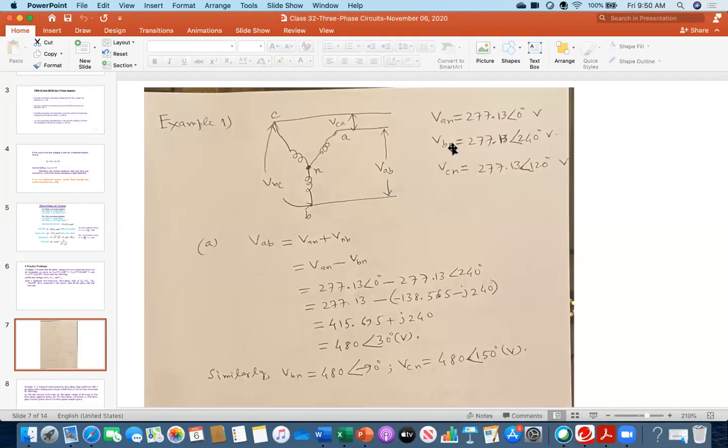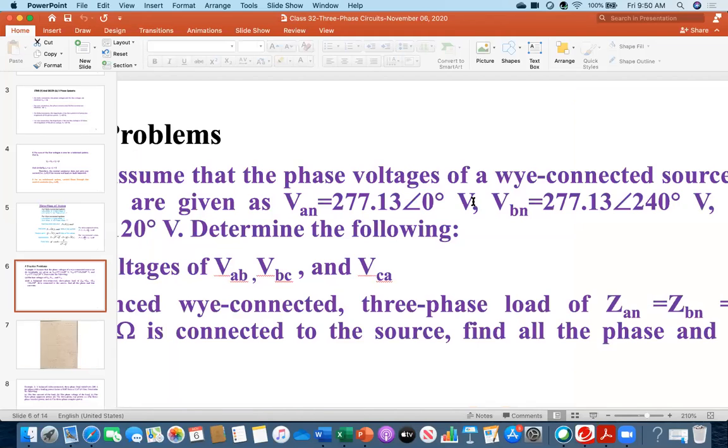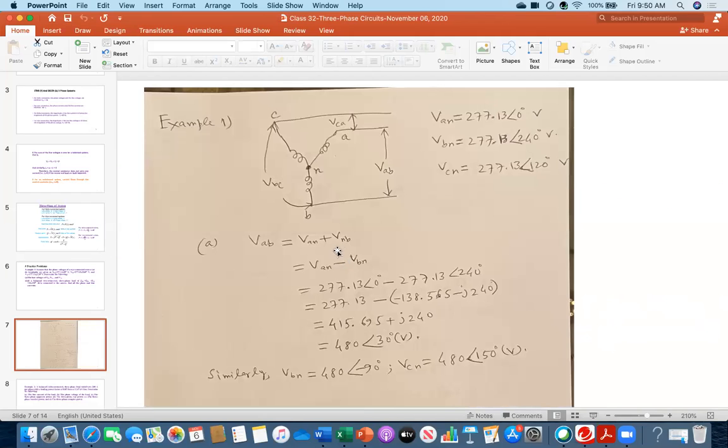Direction, is it NB or is it BN? These things were given in the problem, so I cannot change them. But here I wrote VNB. So now I am changing the direction. That's why I put a minus sign and I am writing VBN.